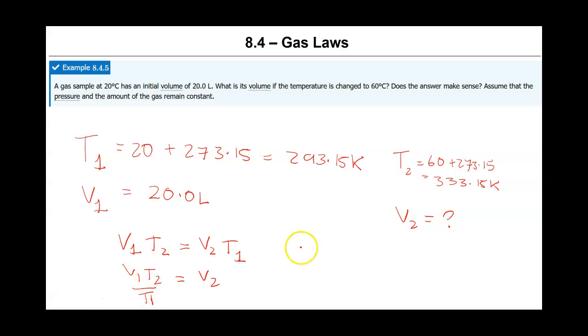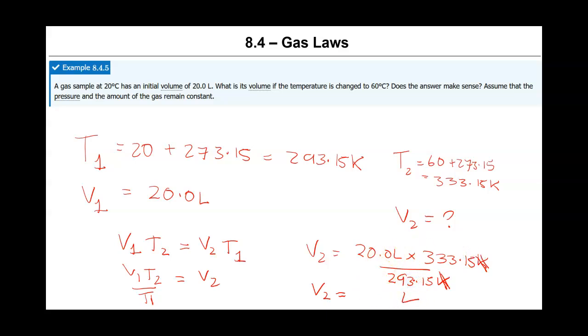All right, so V2 is equal to V1, which was 20 litres, times T2, which was 333.15 Kelvin, divided by T1, which was 293.15 Kelvin. When I cancel my units, the Kelvin disappears, leaving litres behind.